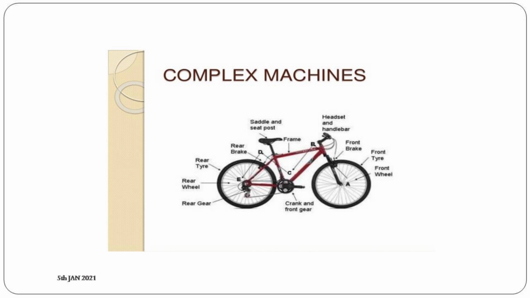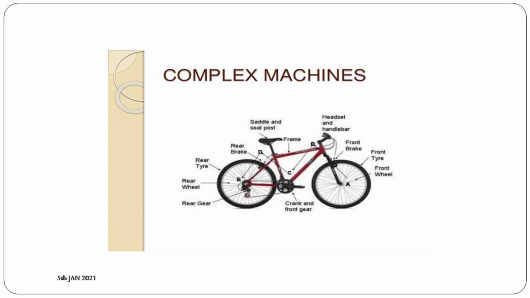You see the front wheel A, then you see the rear wheel B, you see the rear gear, then you have the front brakes, then front tire, rear tire, rear brake, saddle and seat post, the framework of the bicycle is shown, crank and front gear is shown, handset and handlebar, which is useful to take the directions, which direction you have to move the bicycle.